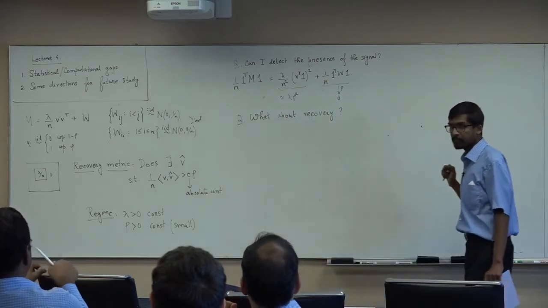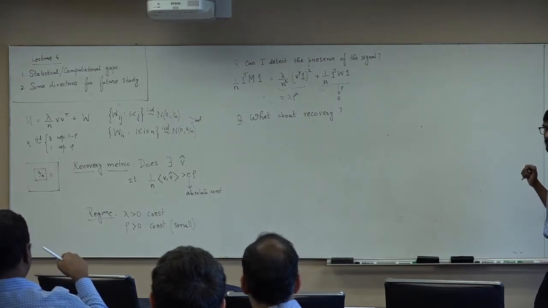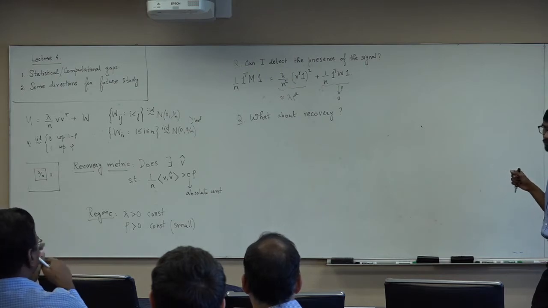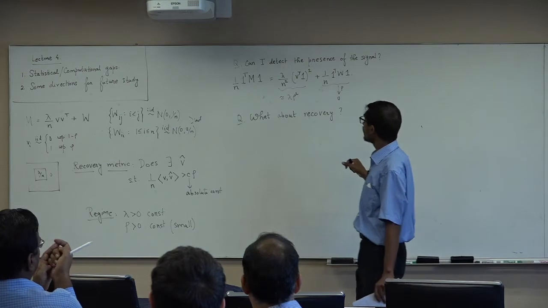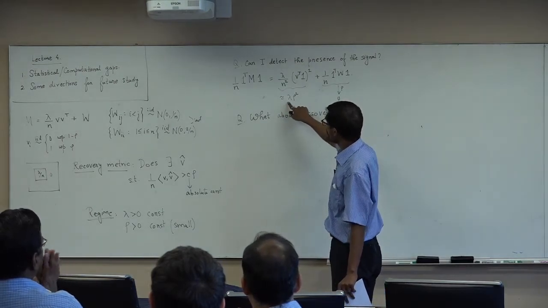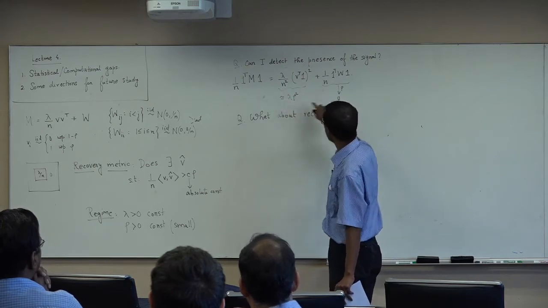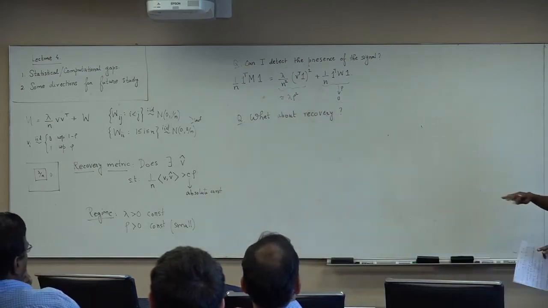What I wanted to ask was, you first do n going to infinity, then you let rho go to 0, and you think of lambda as a function of rho. In that setting, should we think of lambda as being 1 over rho square for detection? If you give me any function of rho, this will always be bigger than 0 as a function of n. So I can always detect.